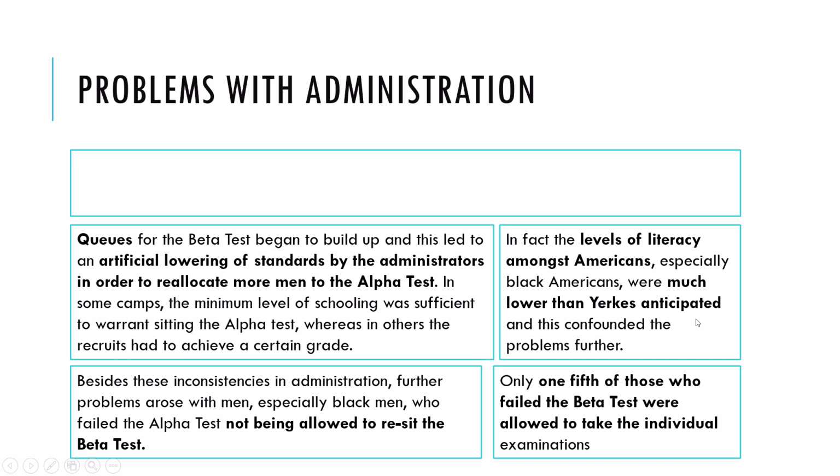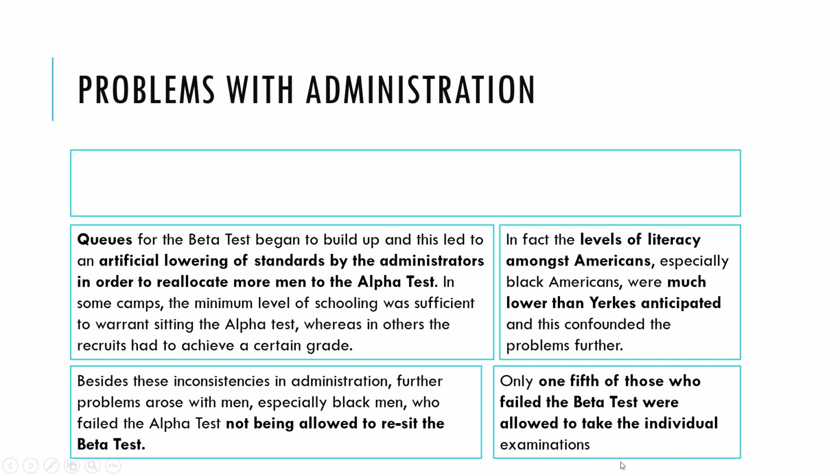So Yerkes had set this bar for how intelligent you needed to be and how literate you needed to be to sit the alpha test, and then actually lots of people were below that bar for the alpha test, so they automatically went to sit the beta test.